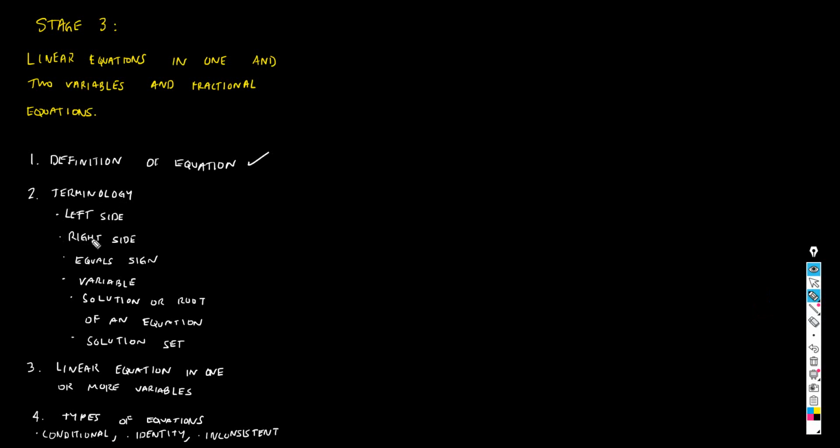Now the terminology. I need to give you some vocabulary and I need you to use this vocabulary, okay? Get used to this vocabulary. It's 6 terms. They are extremely simple, so you're going to memorize them quite quickly, right? For example, let me give you an equation. Okay, look at this equation.